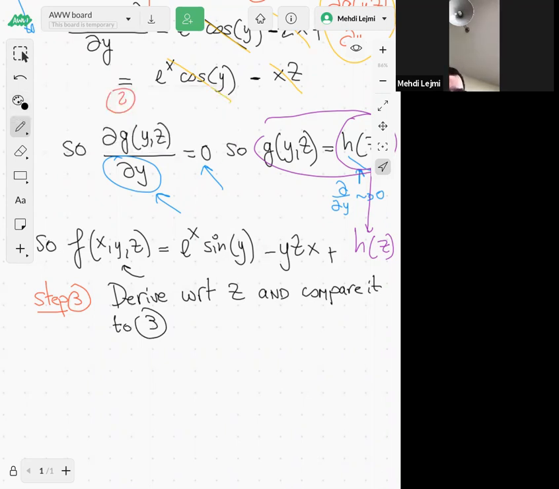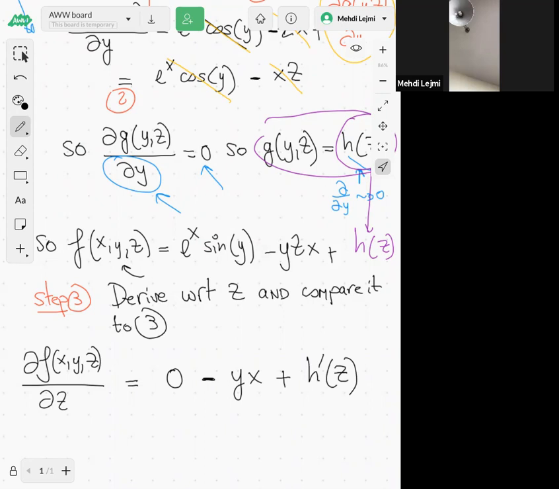The derivative of e to the x sine of y with respect to z: everything is constant, so it's going to be just 0. The derivative of yzx with respect to z is yx, so it's minus yx, plus the derivative of h of z with respect to z, so it's going to be h prime of z. And this is supposed to be equal to equation number 3, because equation number 3 is the derivative of f with respect to z.